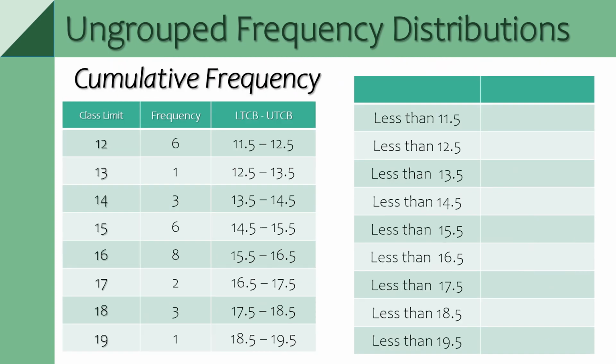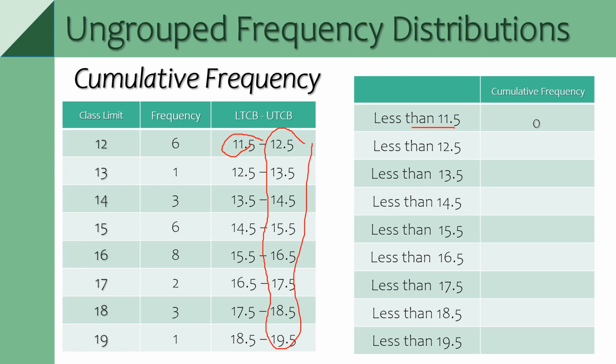Okay, so now let's construct the cumulative frequency. Okay, so parang kanina lang din. So how many are less than 11.5? Okay, so kinopy lang natin to and then lahat ng upper class boundaries. Tingnan natin yung less than.